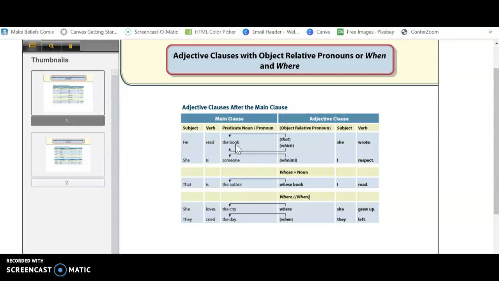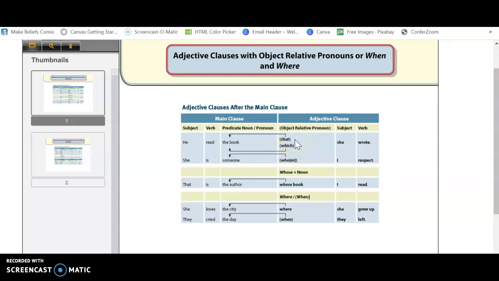So we use that second sentence, she wrote the book, to describe that book in the first sentence. Remember that adjective clauses always describe the noun. So we use the second sentence to do it. We basically took that object, and because this object was the book, we got rid of the book and we used one of those relative pronouns, because this is how we make adjective clauses.